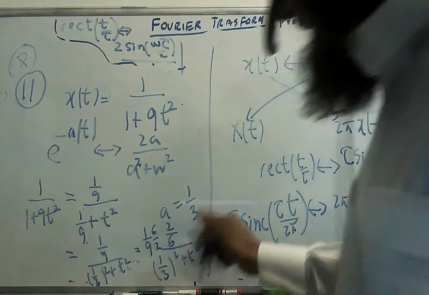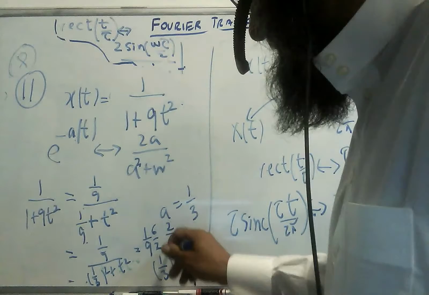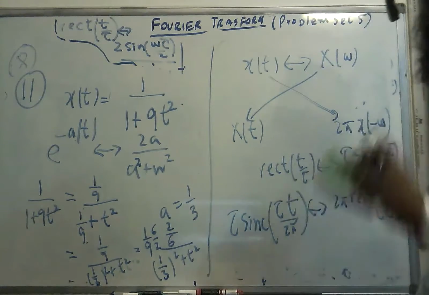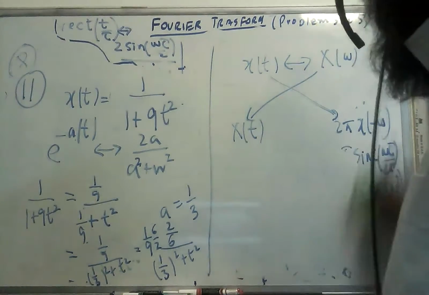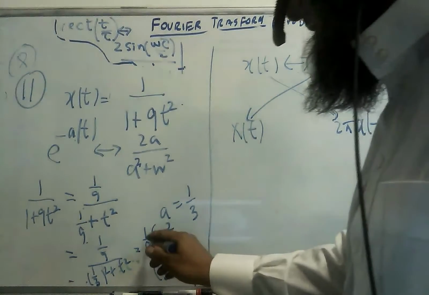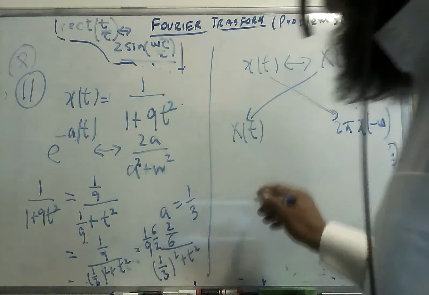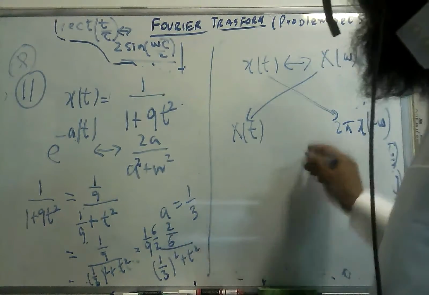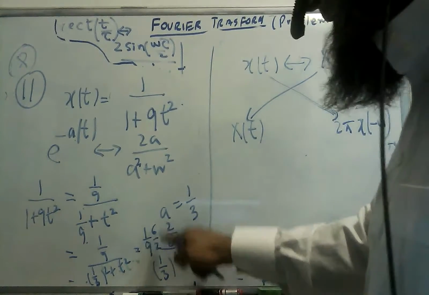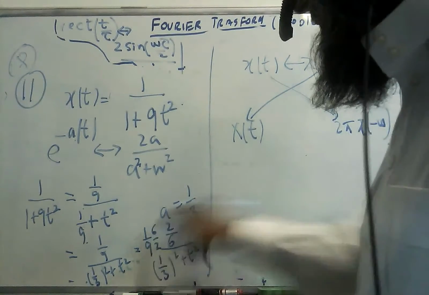So I can write the Fourier transform of this. I have here a constant, which is 1 over 9, 6 over 2, so this is 3, 2.